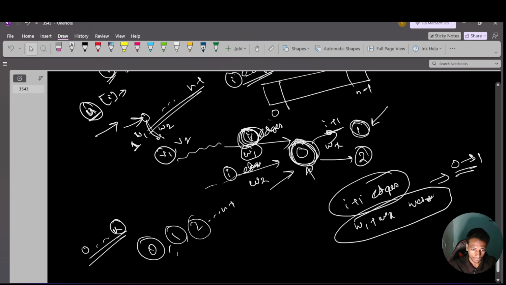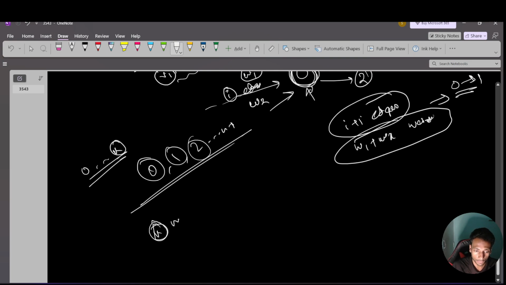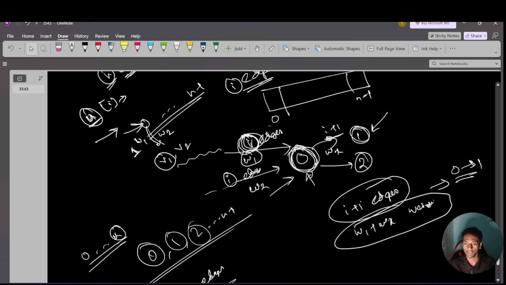Now I will iterate over all of this and check, for the k edges I have used, if I sort all of the weights I can reach, suppose w1, w2, here you can see I can reach node 0 with 2 weights. Suppose by using k edges I have reached node 0.